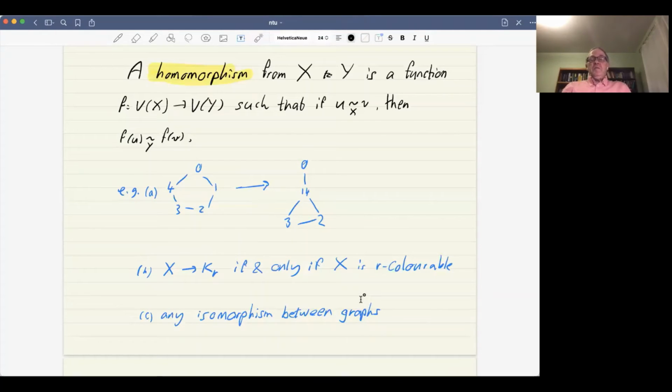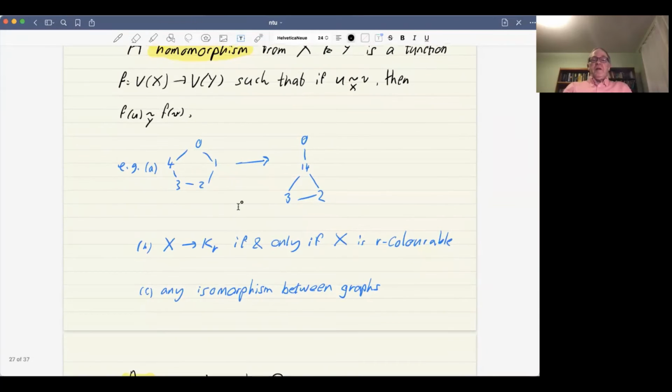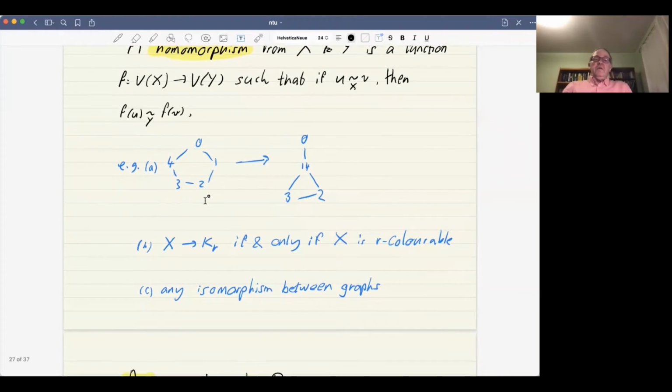A homomorphism between two graphs is a map from the vertices of one to the vertices of the other, such that if u and v are adjacent in X, then their images are adjacent in Y. And for your amusement, here is one very simple example: a cycle mapping onto K3 with an edge. So that's an example of a homomorphism.